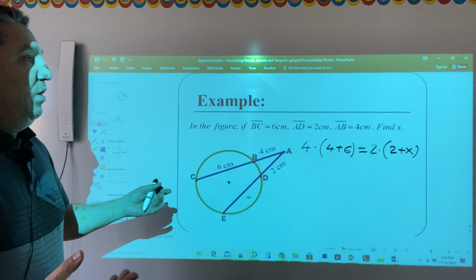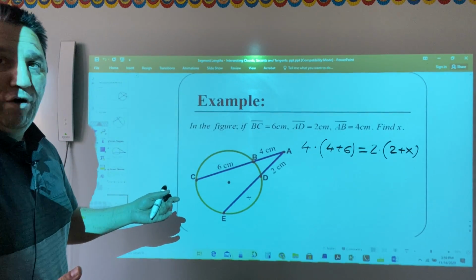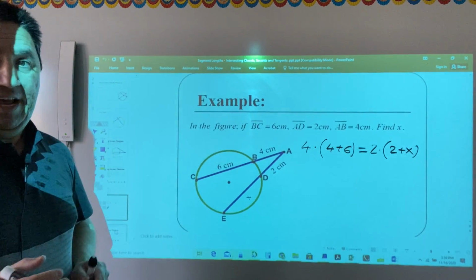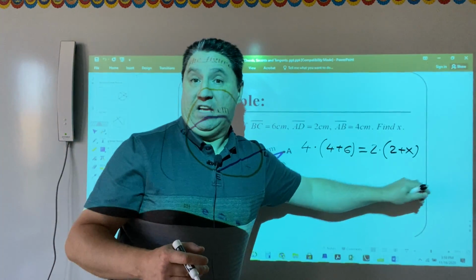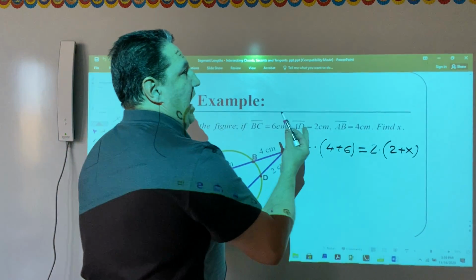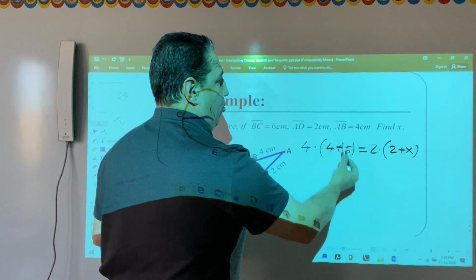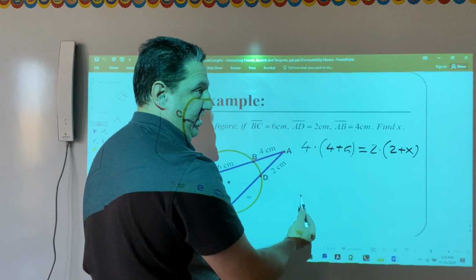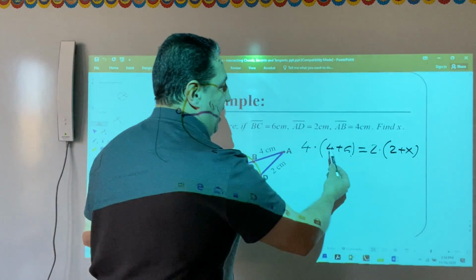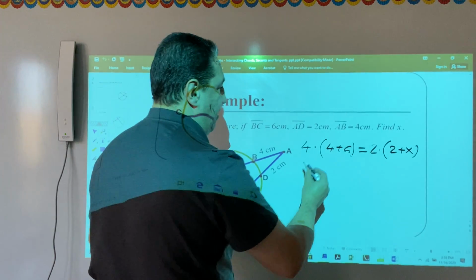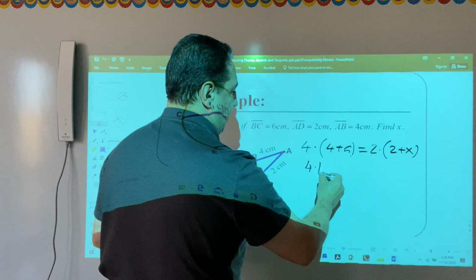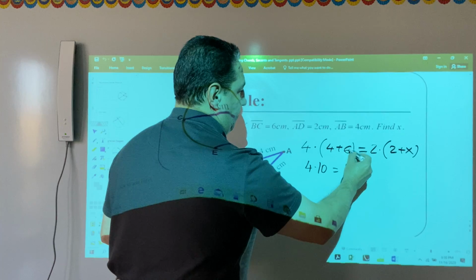Now we solve for X. But before solving for X, we have to simplify both sides. First, we evaluate the parentheses on the left side. 4 plus 6 is 10. So we're going to have 4 times 10 equals.